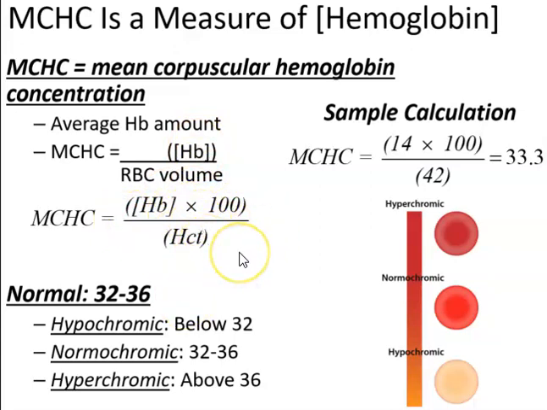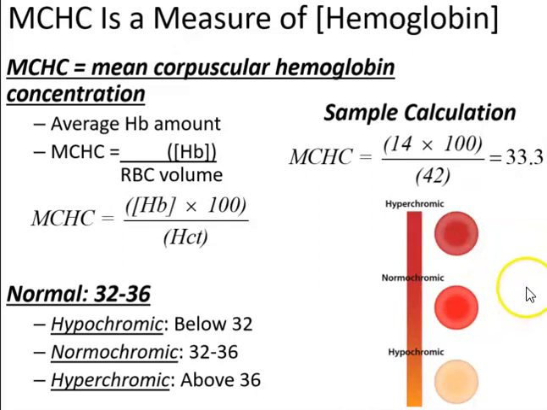So for example, if we had a patient with a hemoglobin concentration of 14, we multiply that by 100 and divide that by hematocrit, which normally would be about 42. So our MCHC, or mean corpuscular hemoglobin concentration, would equal 33.3. So again, this is the hemoglobin concentration within the red blood cell.